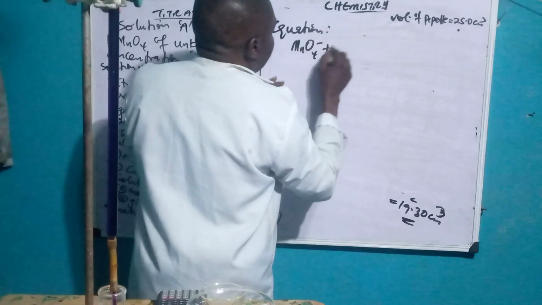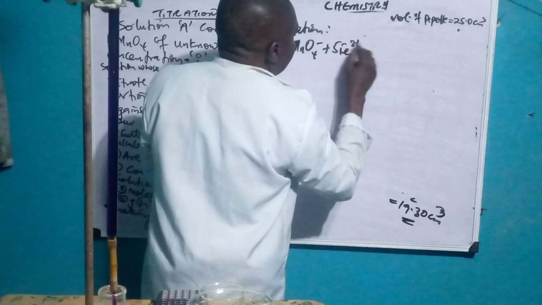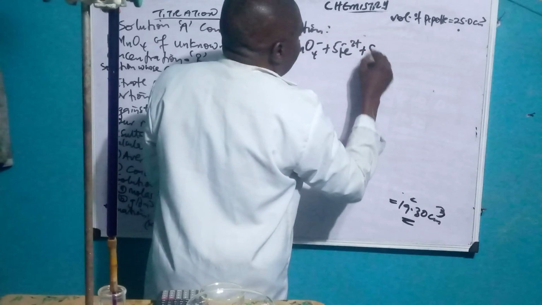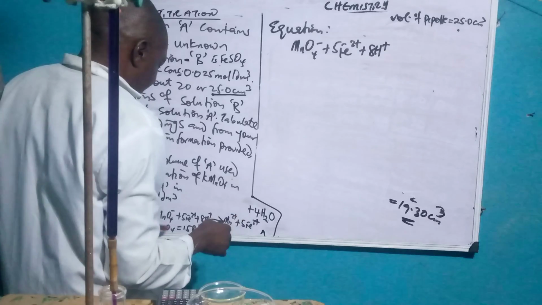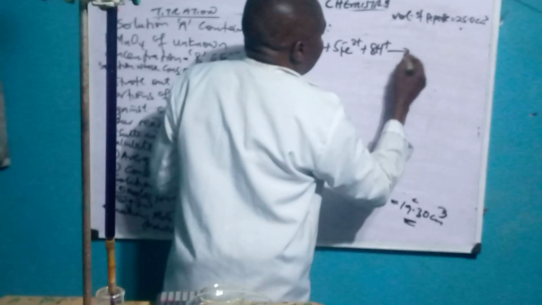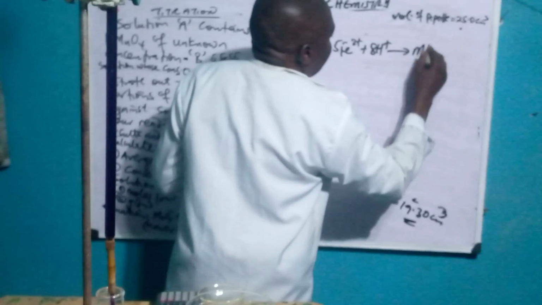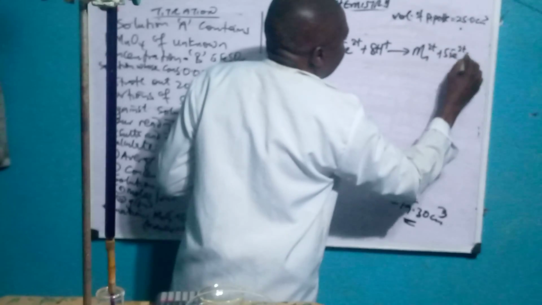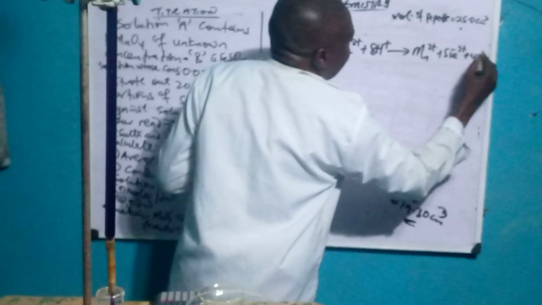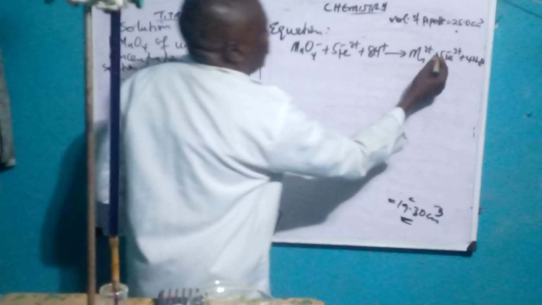MnO4 minus plus 5Fe2 plus plus 8H plus to give you Mn2 plus plus 5Fe3 plus plus 4H2O. So this is the equation you are going to have.